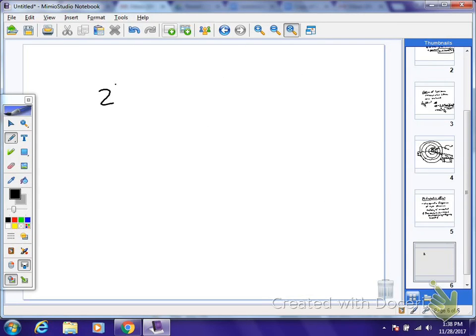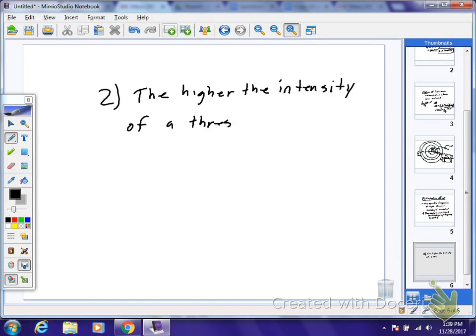Number 2, we can say that the higher the intensity of the light, the brighter the light is, the more electrons are emitted.